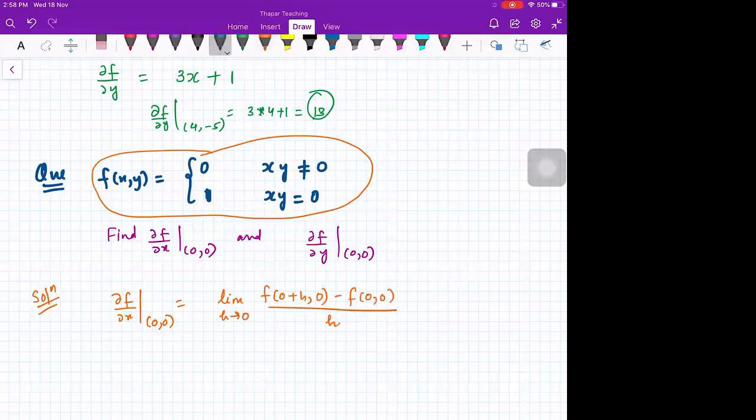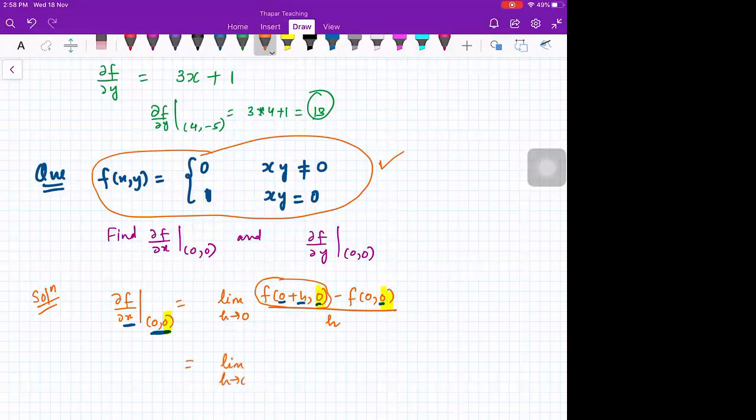Is this thing clear to everybody? Because my point is (0,0), and I am doing the derivative with respect to x. So I will do 0 plus h, y as a constant, whatever is the value of y, I'll write it here also and here also. Fine. Now can you tell me what is this number, f(0+h, 0)? Look at the definition of the function. Tell me what is this?